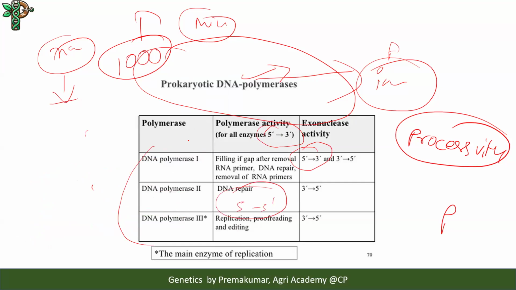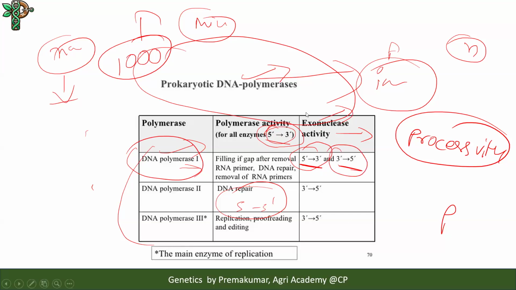But the unique feature of DNA polymerase 1 is that it has exonuclease activity, meaning removing nucleotides, in 5' to 3' and 3' to 5'. Along with the 5' to 3' polymerase activity, it also acts as exonuclease and also does proofreading. That's why it's very important to know this unique feature of DNA polymerase.